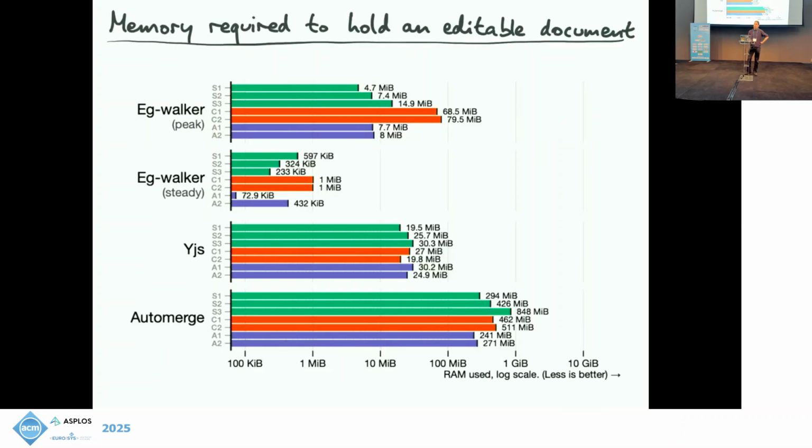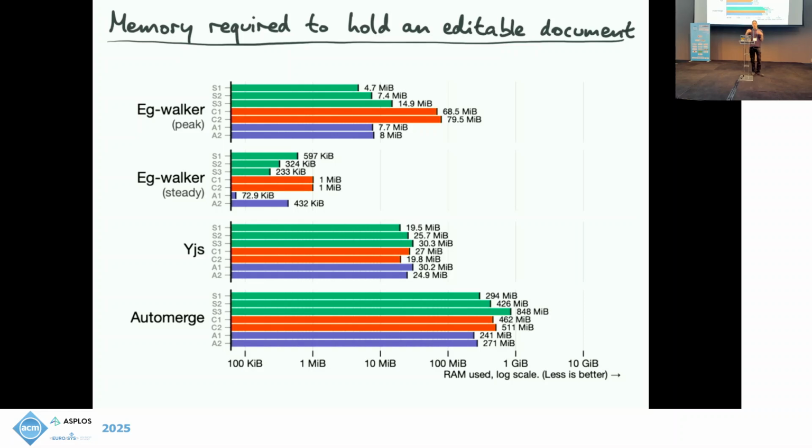If we look at the actual memory consumption of these algorithms, what we did here in our evaluation is to break down Egg-Walker, differentiating between peak memory use and steady-state memory use. The peak memory use is what happens only while Egg-Walker is in the process of merging multiple branches or merging updates from a remote user.